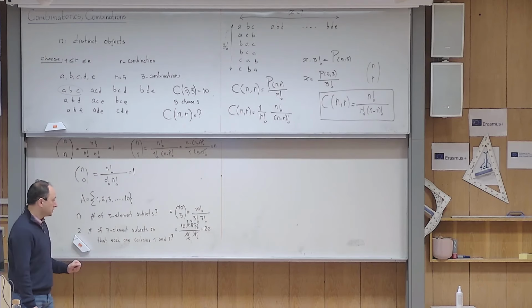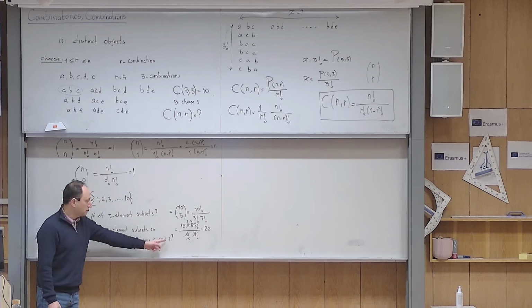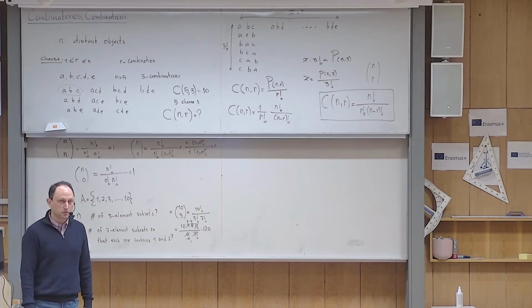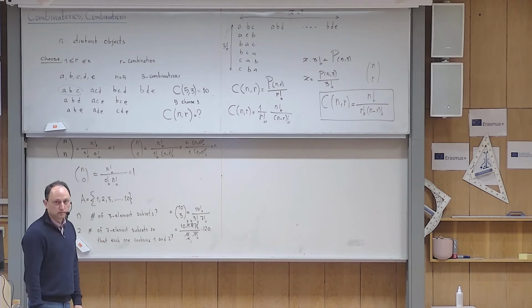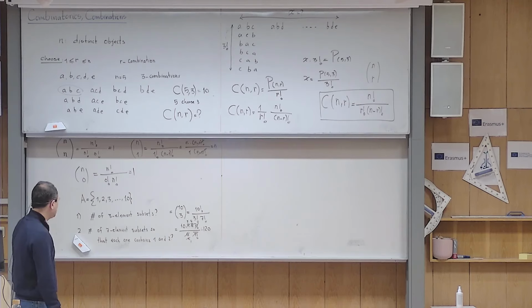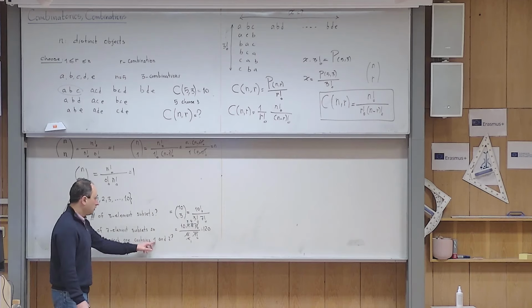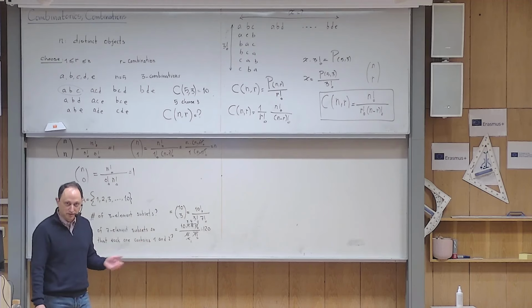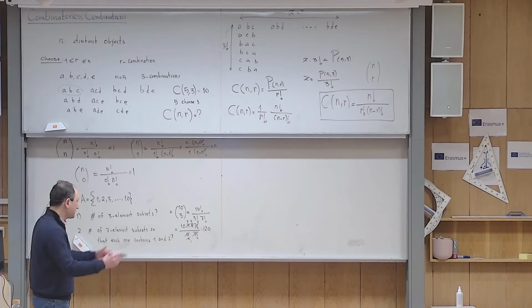I want you to choose them in a way that you are certain about the existence of 1 and 2 in all of them that you are choosing. So how can I solve this problem now? Yes? 8 choose 5. Yes. Why do you say that? Because you see that 1 and 2, I don't have any choice. I have to have them. Yes? So 1 and 2 are there.